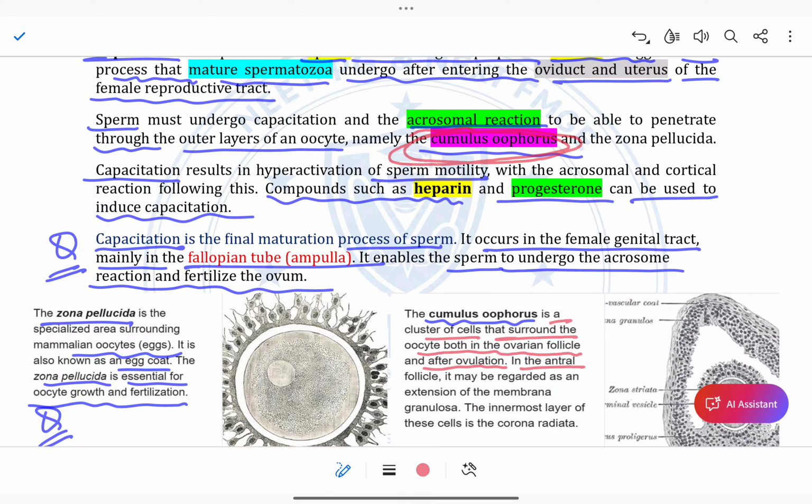In the antral follicle, it may be regarded as an extension of the membrana granulosa. The innermost layer of these cells is the corona radiata.